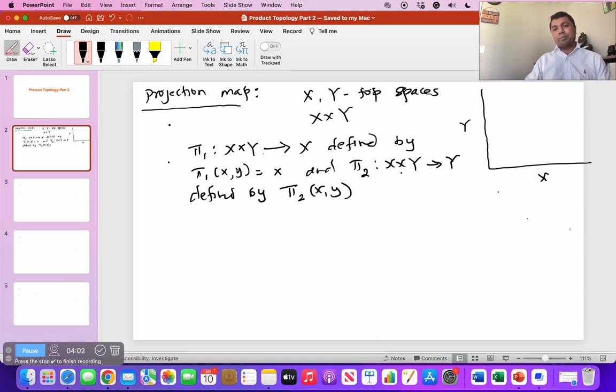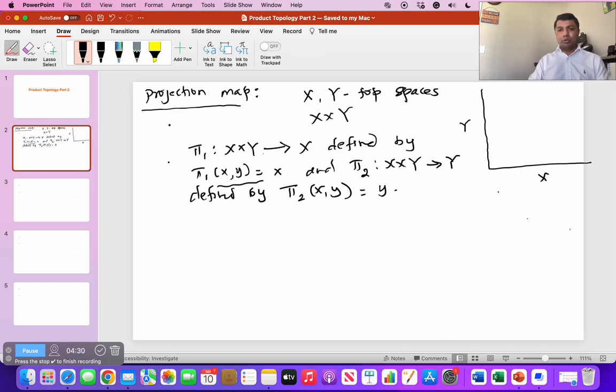Since this map is from this Cartesian product to Y, the most natural way to define it is to take the ordered pair to y. So we have two maps from the Cartesian product of X and Y to the first set and to the second set, defined as pi 1 and pi 2.